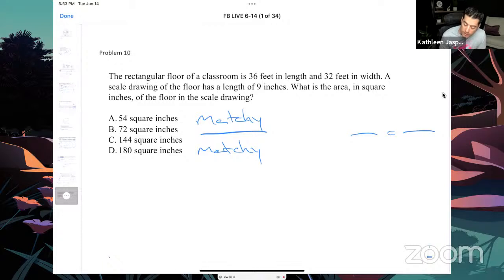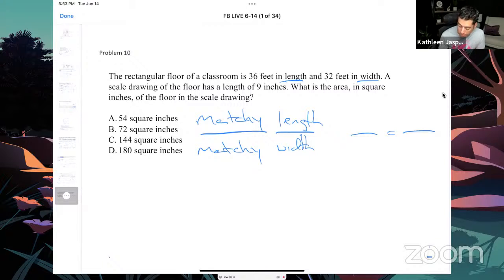So here I've got length and I've got width, so I can use length over width. That seems okay. Remember, you're doing the big object over the small object.